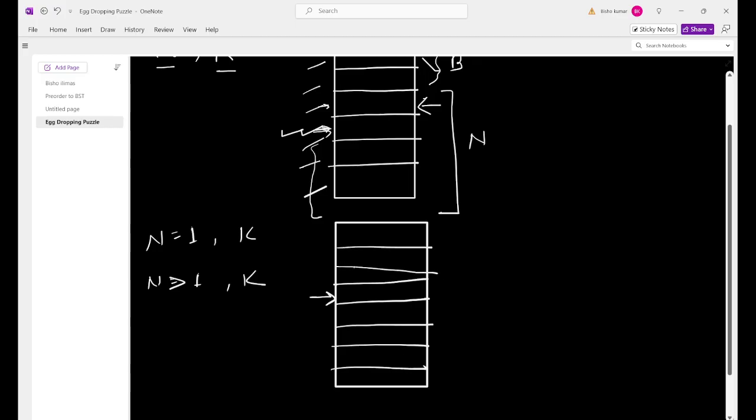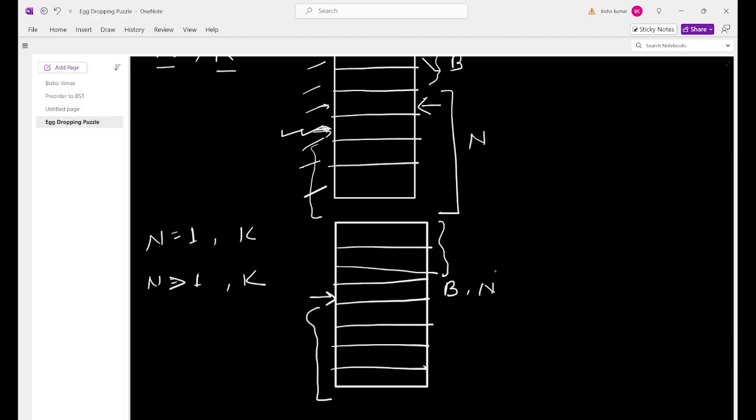If you check from this floor, then you have two conditions: the egg will break or the egg will not break. If the egg breaks from this floor, then your answer will be contained below it, and if the egg does not break, then your answer will be above this floor.